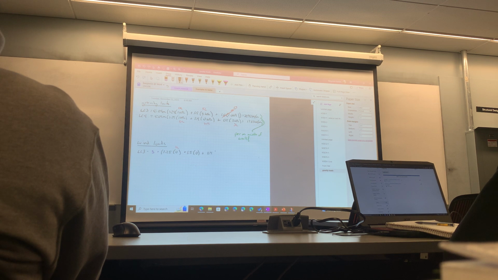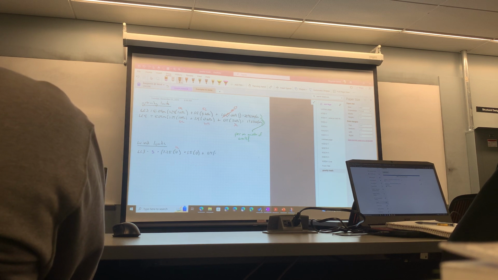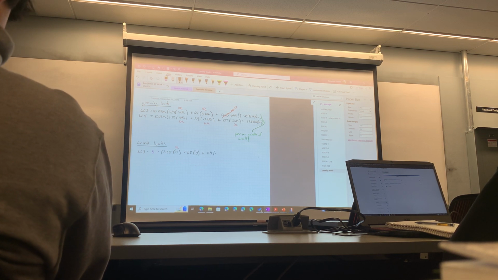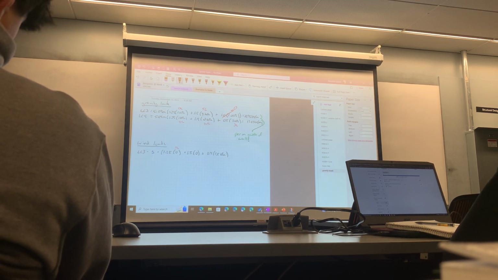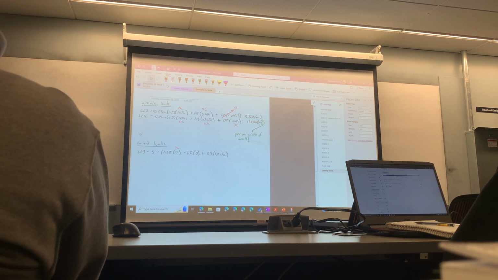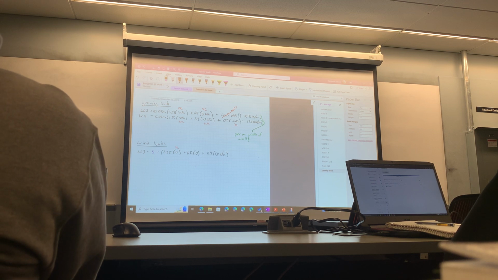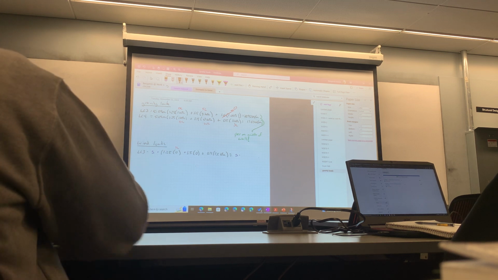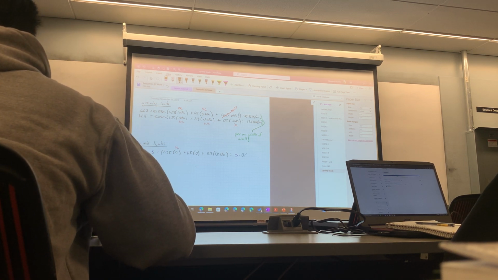Then 0.4 wind, which is 1 point, okay, that was given. And you're going to get variable S times 0.6 kPa.